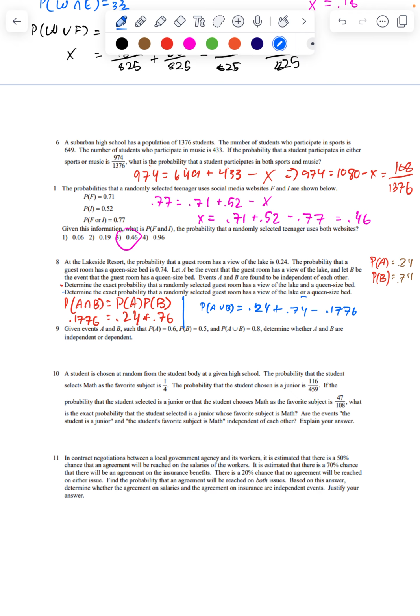And that's going to be, let's plug that in, 0.24 plus 0.74 minus 0.1776. And that's going to be 0.8024. All right, and that's your answer for this part right here.